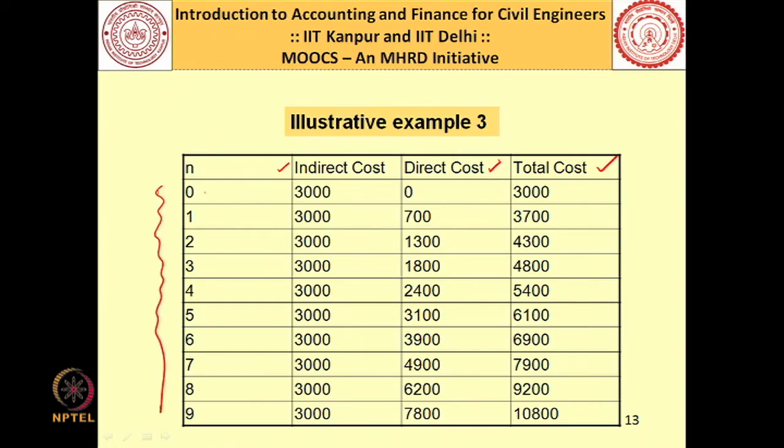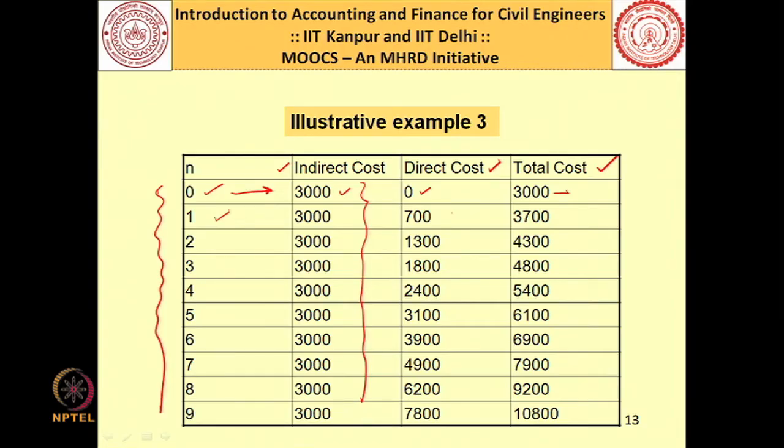For different values of n, that is the production level, we are given the indirect cost. For example, for 0 production, that means no production at all, we incur an indirect cost of 3000, the direct cost is 0, and the total cost is 3000. If the company produces 1 unit, the indirect cost remains the same. In fact, irrespective of production, the indirect cost is a constant.